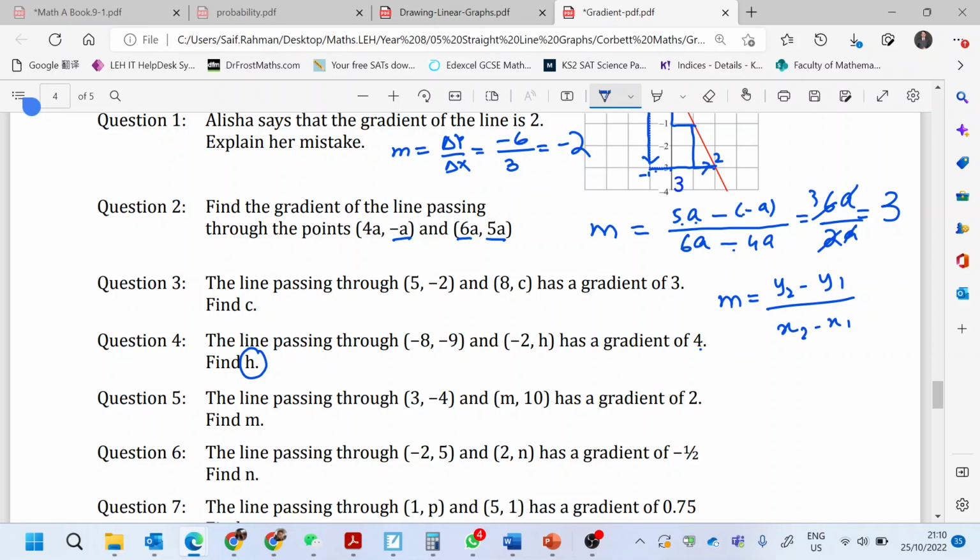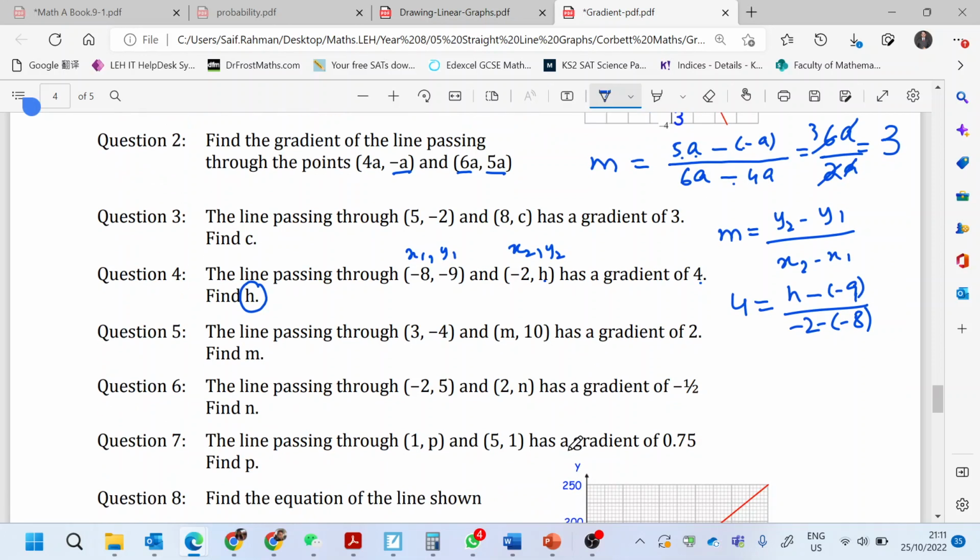So m is 4, so 4 is equal to y2, which is h, minus 9, that is x1 and y1, divided by minus 2, which is x2, minus minus 8. So this is how you can find it. If you solve this, you can find the value of h. h is the only unknown, all other numbers are known.